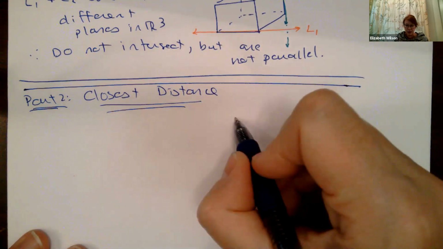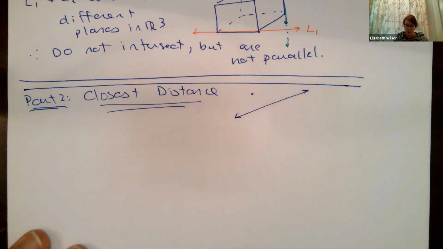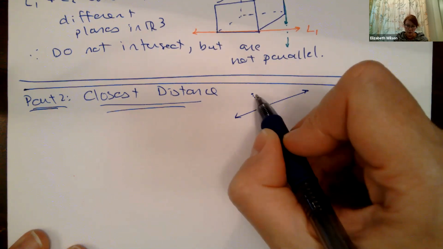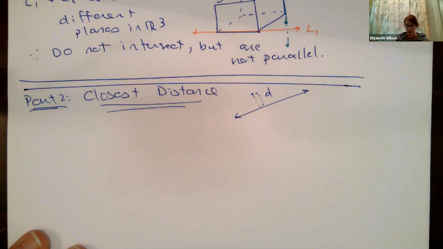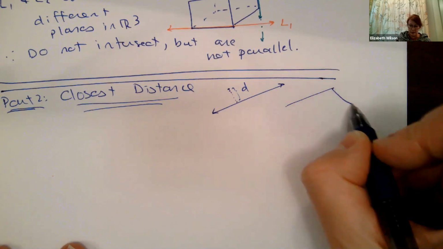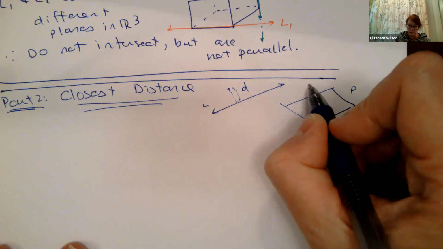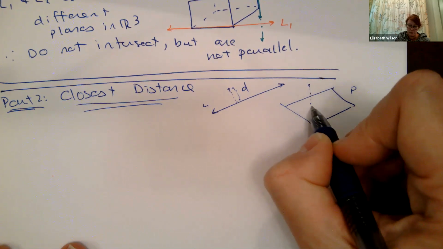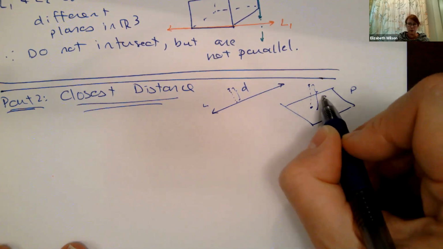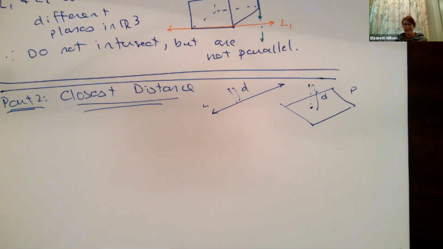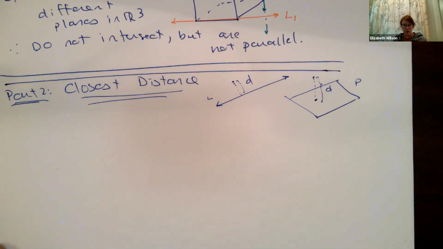Say I have a line and a point, and I want to know what's the closest distance between them. Or let's say I've got a plane and a point, and I want to know what's the closest distance between them. So I need to have some methodology for figuring out the closest distance.